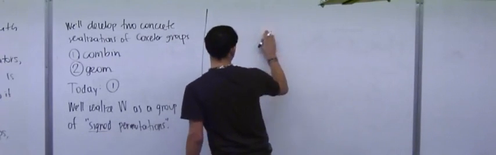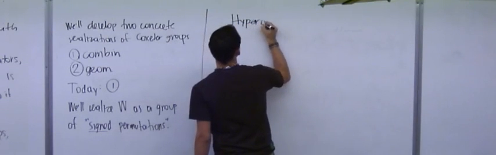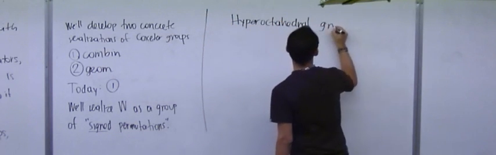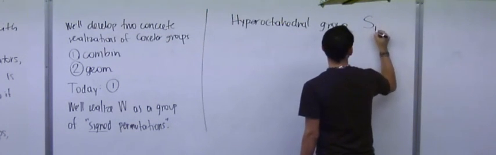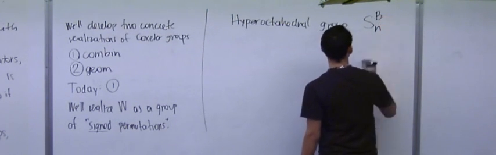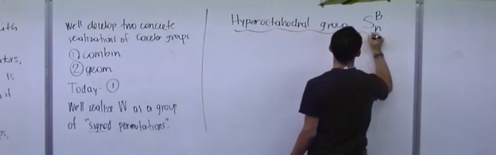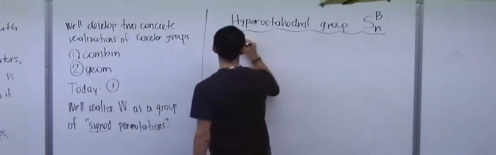Let me teach you a very long word. Hyperoctahedral group. Okay? This group is denoted like the symmetric group, except that it has a B here, S_n^B. This is the group of signed permutations. So what is a signed permutation?